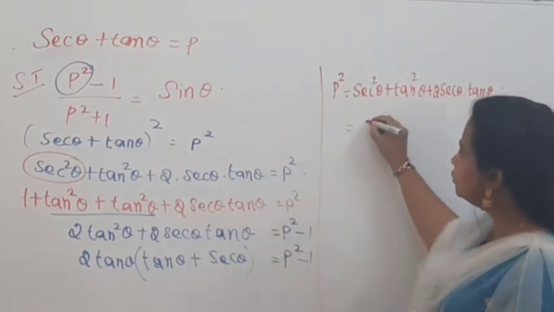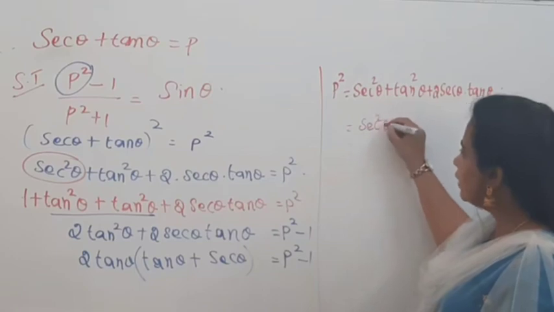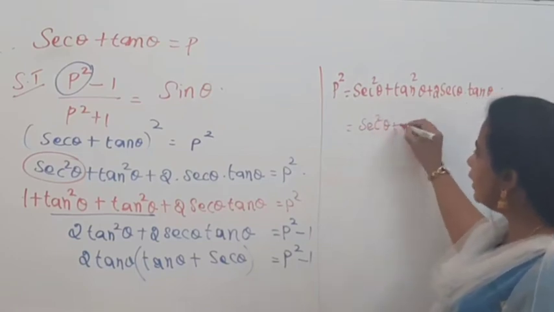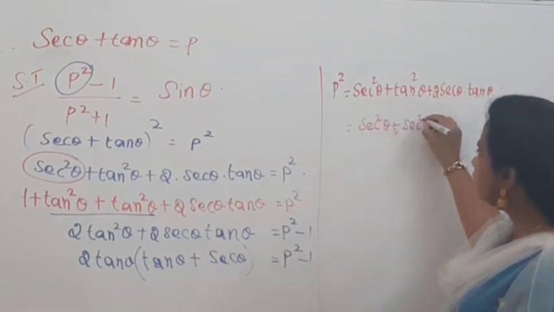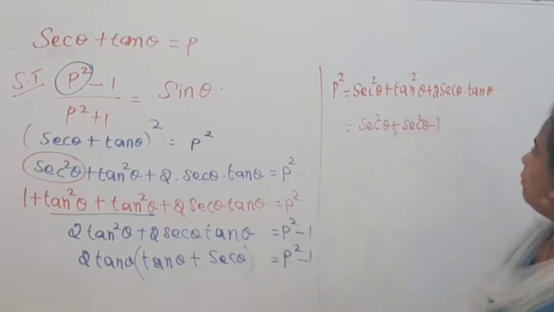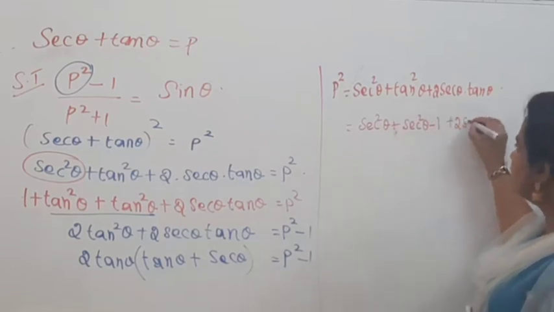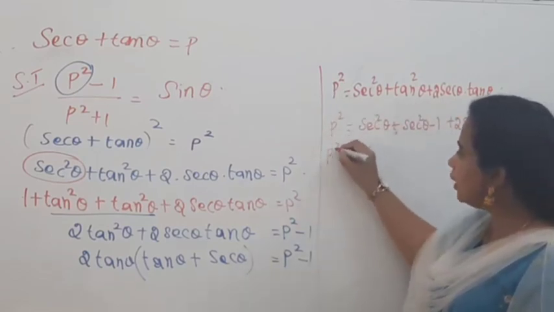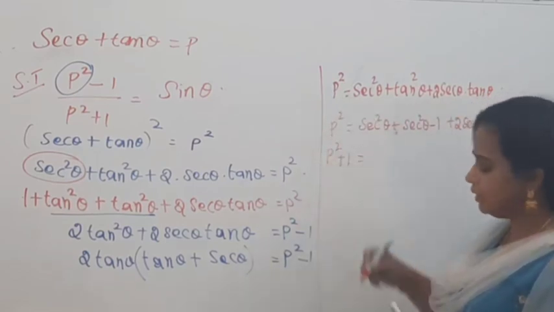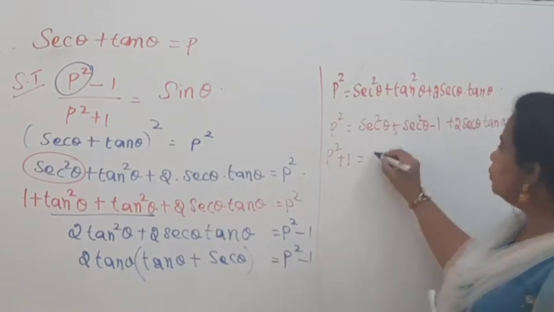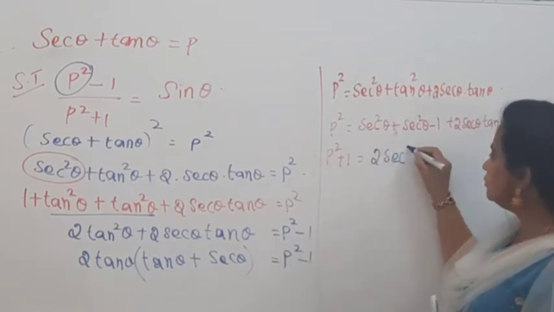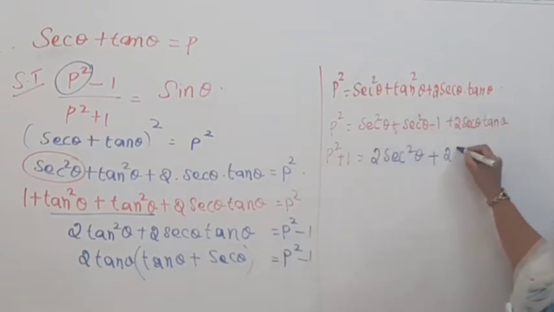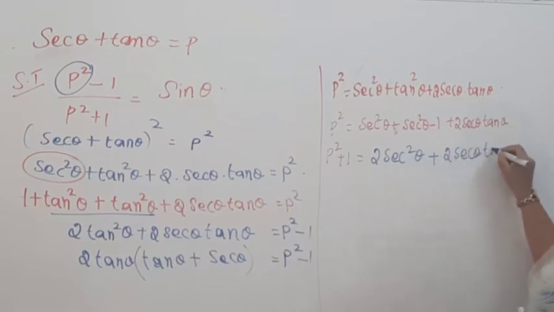So what I will do here, tan square theta can be written as sec square theta minus 1, plus 2 sec theta tan theta. So minus 1 goes to the other side, it becomes plus 1. So P square plus 1 is equal to 2 sec square theta plus 2 sec theta tan theta.